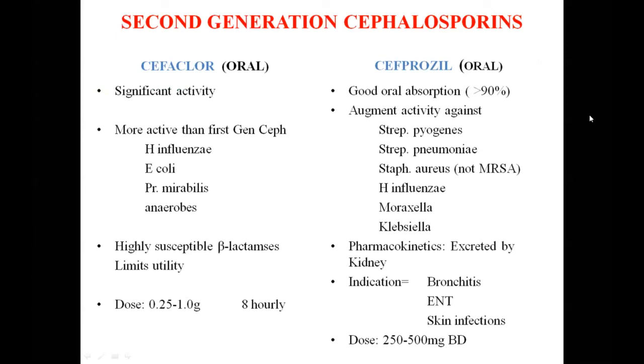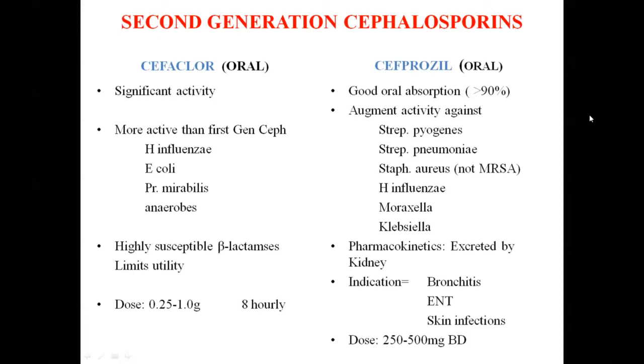Then coming to the oral preparations, cefaclor and cefprozil. Cefaclor also has significant activity, but the limitation of cefaclor is that, although most of the second generation cephalosporins are resistant to the beta-lactamases, cefaclor is susceptible to the beta-lactamases. Therefore, it limits the utility of cefaclor, although it's mentioned in the list. Then we have cefprozil, also an oral second generation cephalosporin.